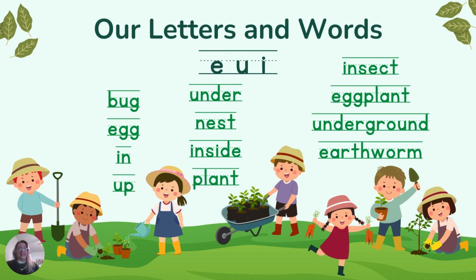Here are our letters and words again. If you didn't write them before, make sure you write them now. Let's practice together. E spells eh, eh, eh. U spells uh, uh, uh. I spells ih, ih, ih.